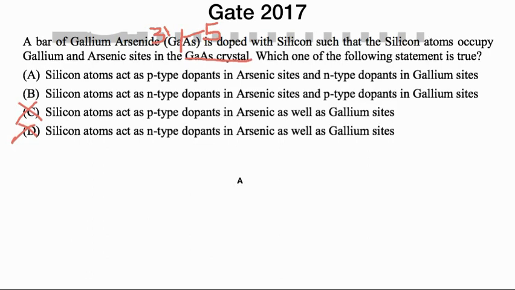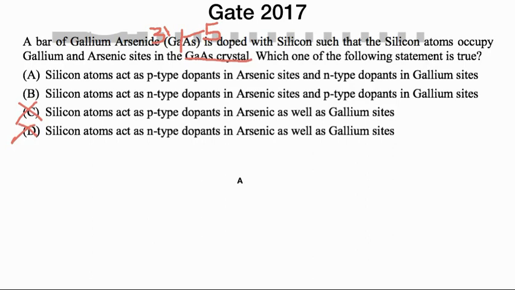And we know that n-type semiconductors are those which contain more electrons in comparison to holes.